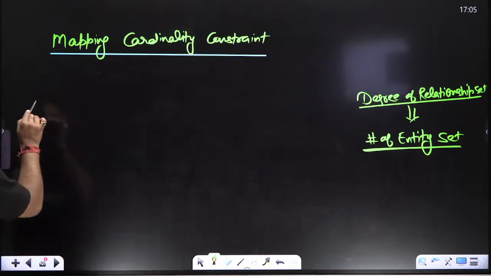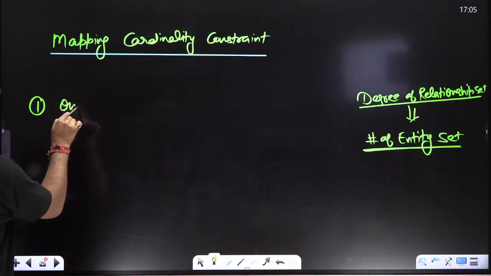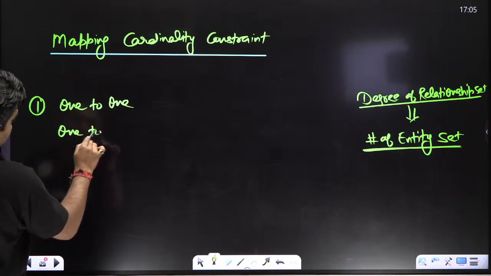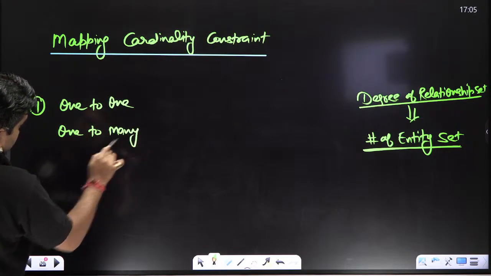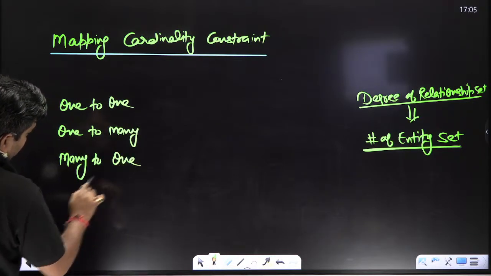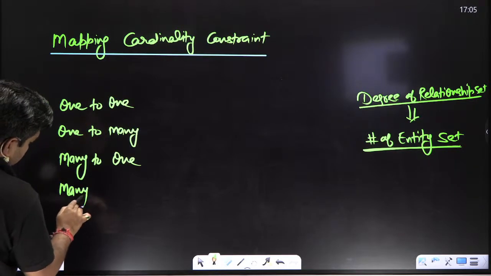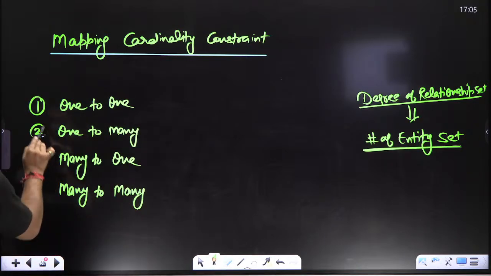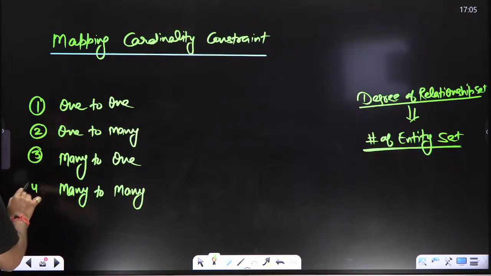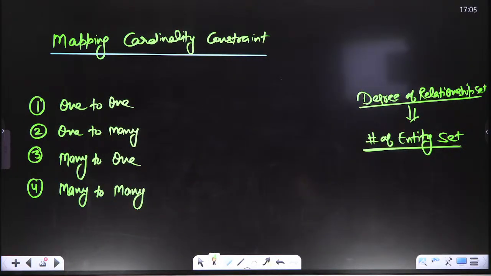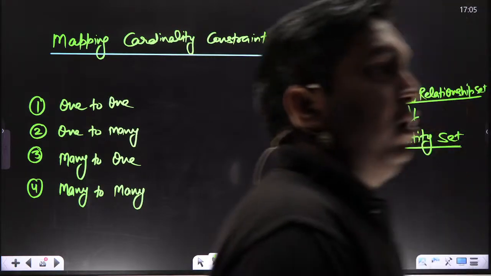There are various types: one to one, one to many, many to one, many to many. Clear?